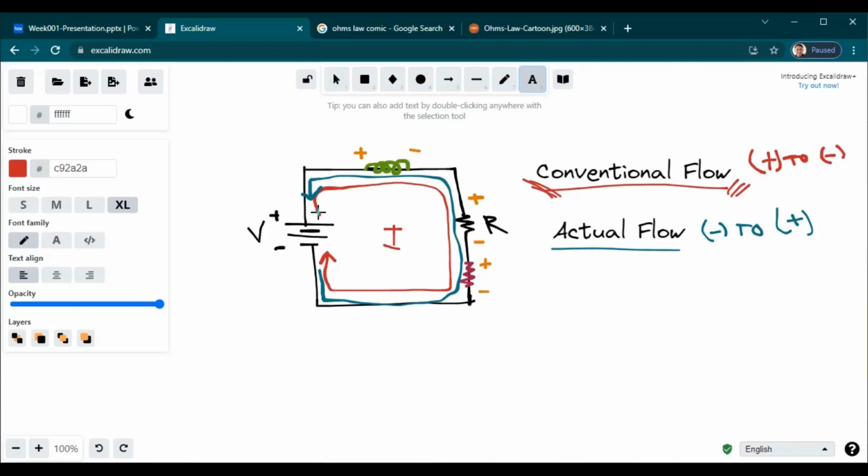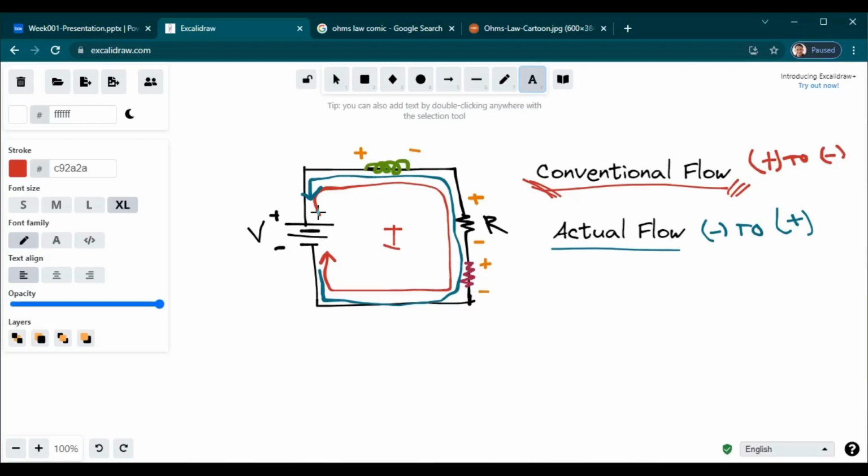Before the actual flow was discovered, there is a large time difference from the establishment of the actual flow and when conventional flow was established. So the conventional flow was already used for a very long time before actual flow was discovered.